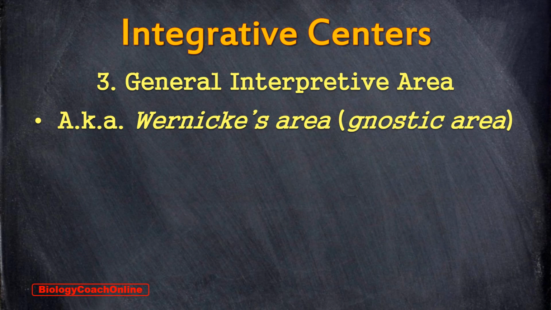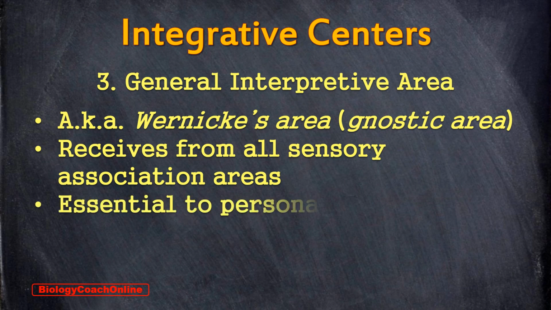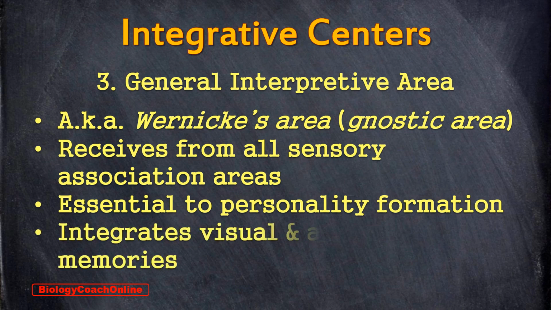So the general interpretive area receives information from all of your sensory association areas, and it plays an essential role in the formation of your personality by integrating sensory information with your visual and auditory memories. Because the general interpretive area is linked to both the visual and auditory memory centers, damage to this area of the cortex can affect your ability to interpret what is seen or heard.